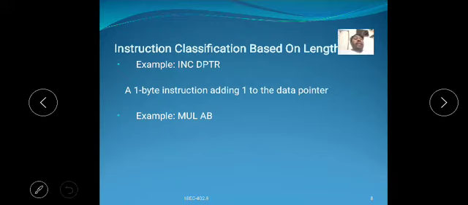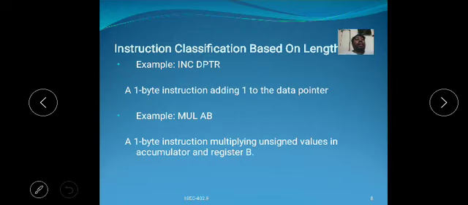A 1 byte instruction adding 1 to the data pointer. That means the actual value is increased by 1, which is nothing but incrementing.